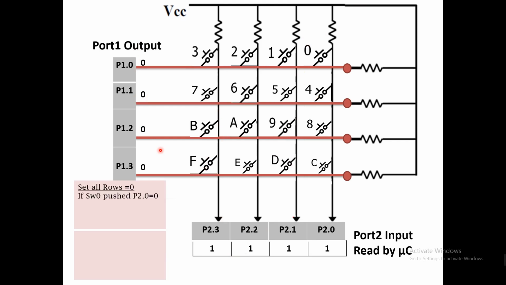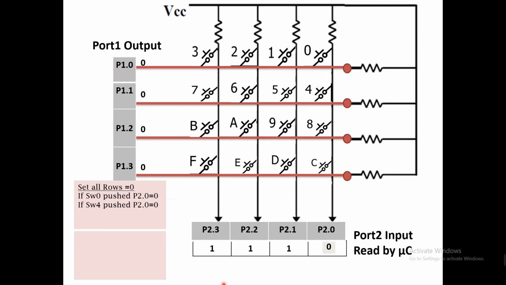So we already set all rows to 0. Now we take a new scene where all the rows are set to 0. If switch 0 is pushed, we have already discussed this.